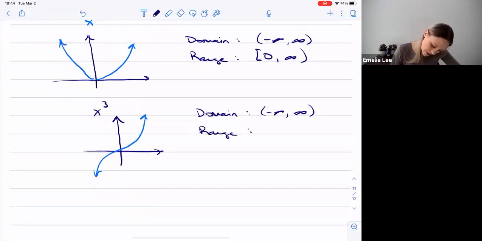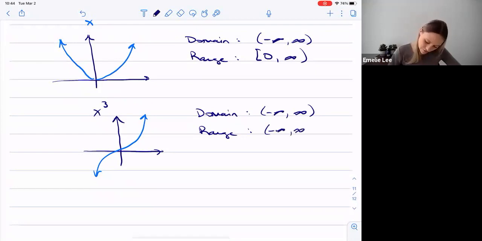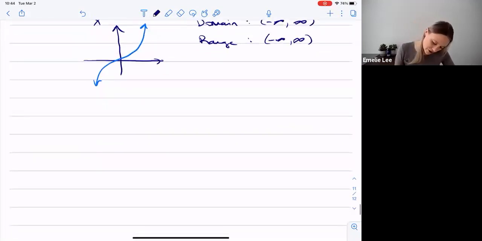And the range has no restrictions on the outputs because all of them are covered, so it's also negative infinity to positive infinity. So you can go through that list of all the functions, and just looking at the graph, you can see what your domain and range are.